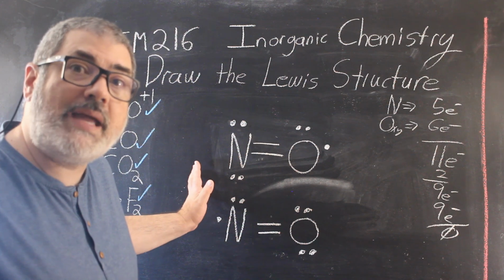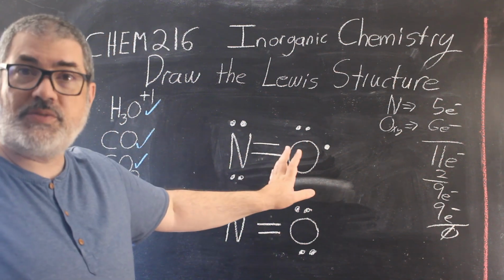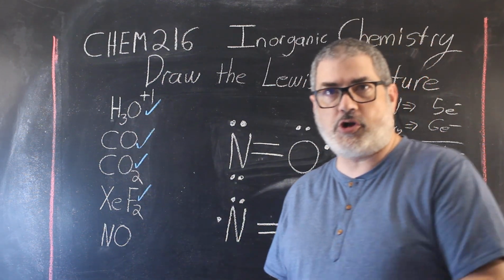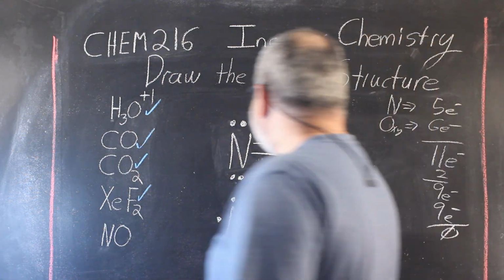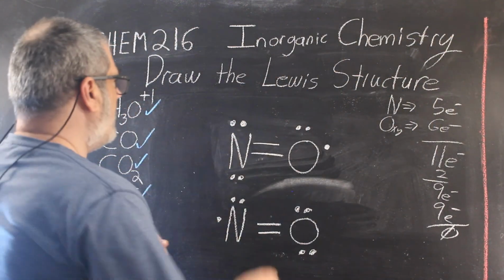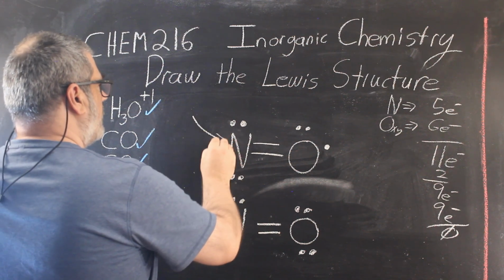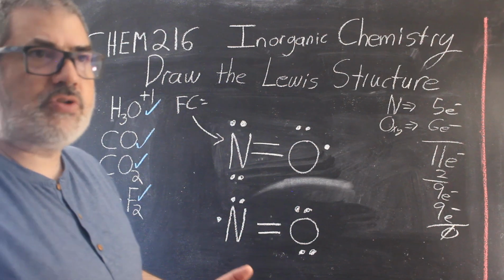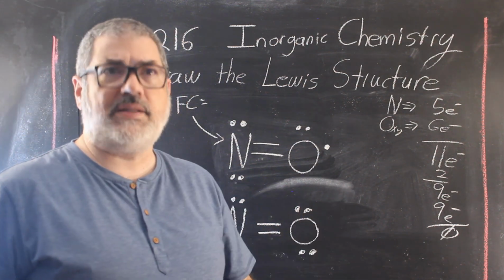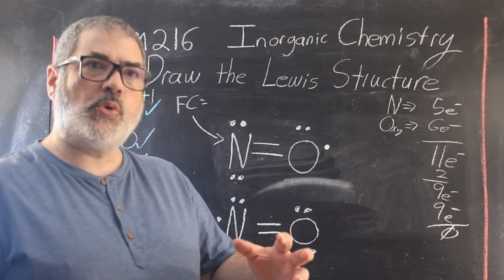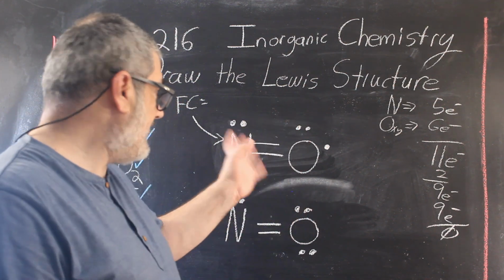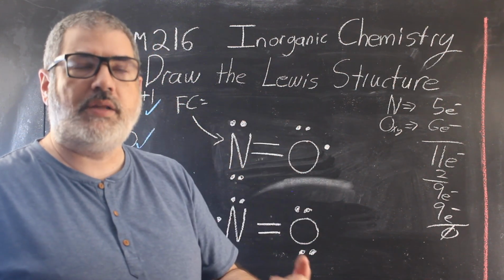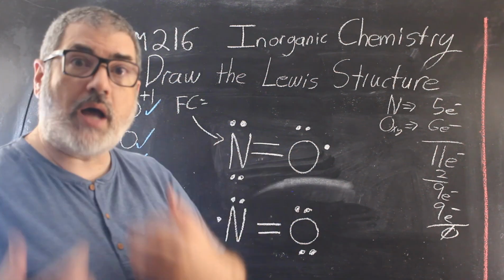So how do we make the determination of which is best? This is where we have to bring in the concept of formal charge, where we calculate the difference between the number of valence electrons that a molecule possesses in the structure versus the number of valence electrons that it brought to the structure.